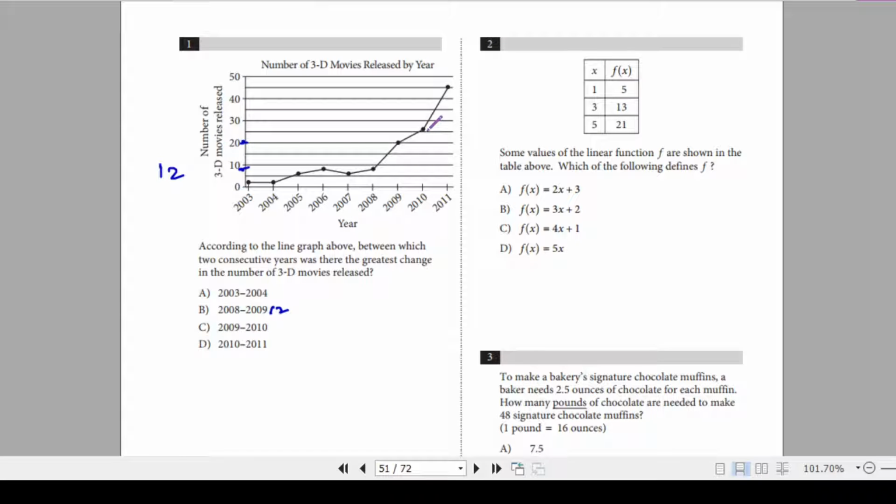And this is 10 to 11. 10 is this 25, and this is some 40 or 41. So 40 minus 25 is 15, more than this. Okay, so 10 to 11 there was the greatest increase. The greatest change in the number of movies is in 2010 to 11. So this D is your answer, right?